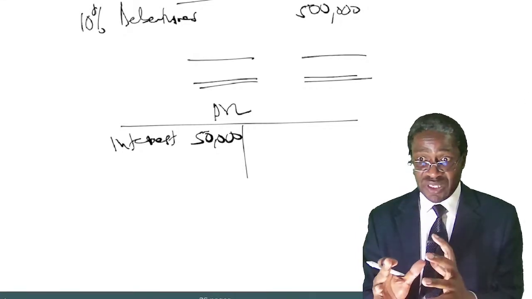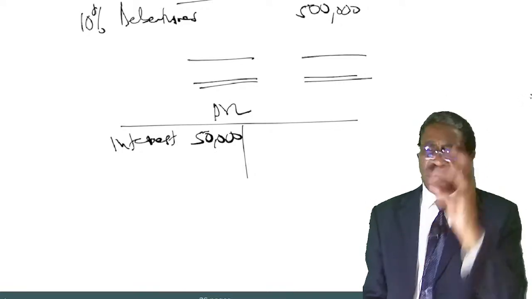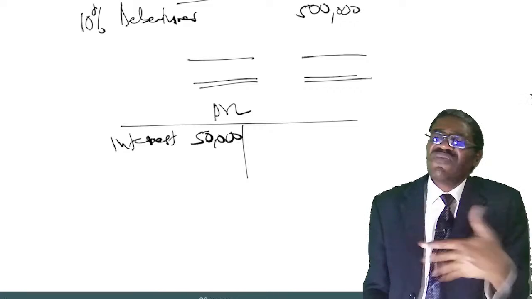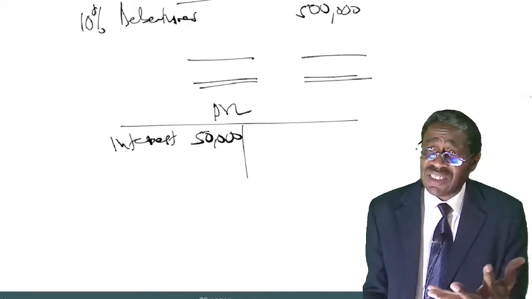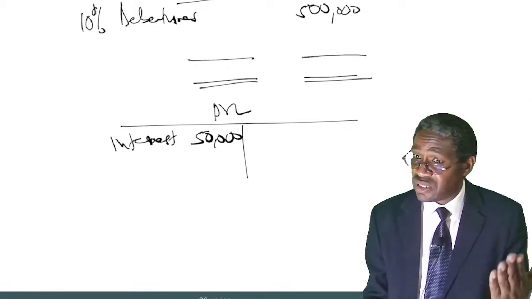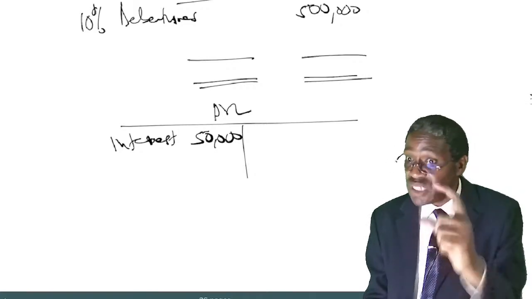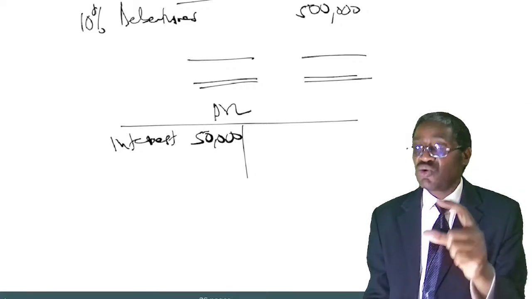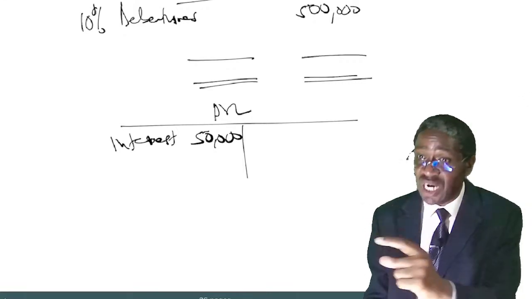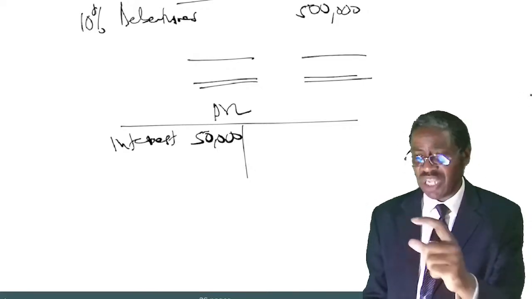When preparing the income statement, I don't need to bother whether we have paid interest or not. You recognize the cost when it is incurred, the charge for the year. Whether you have paid that charge or not, recognize that charge for the year.